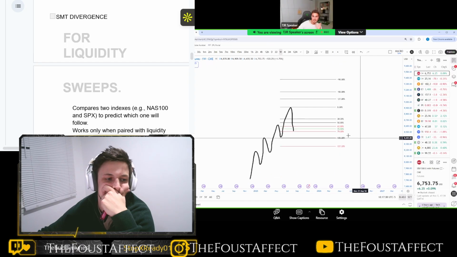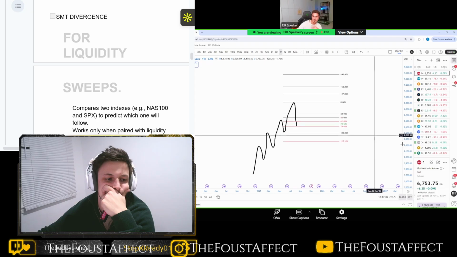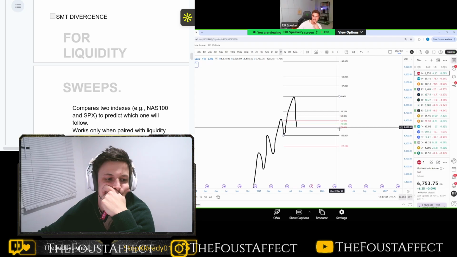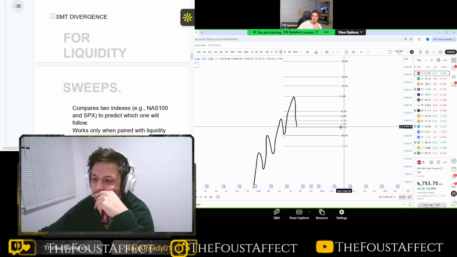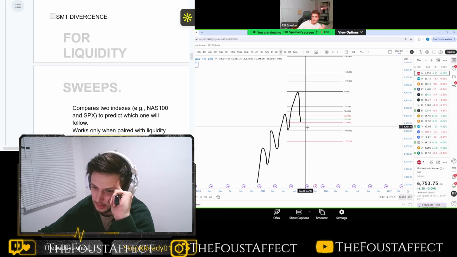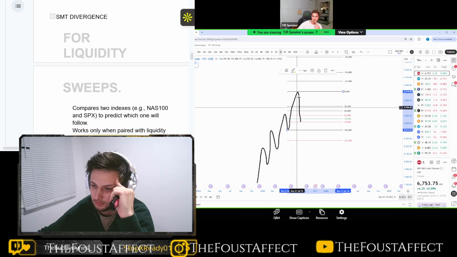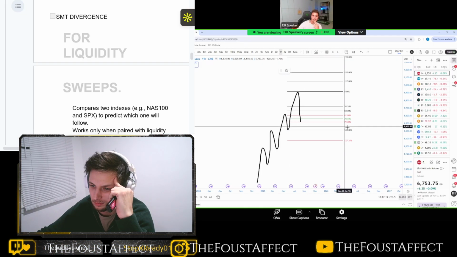Now that you guys have these copied, we're looking at really none of these other marks besides the 79% extension. So when we're in an uptrend, we take the Fibonacci from the most recent low to the most recent high. And all that we're waiting to do is literally just like break of structure, except it's a little bit earlier.